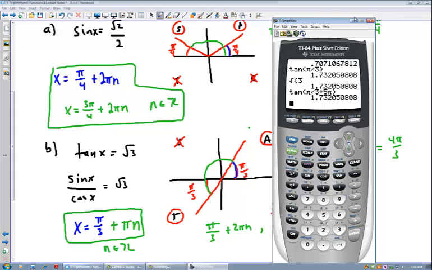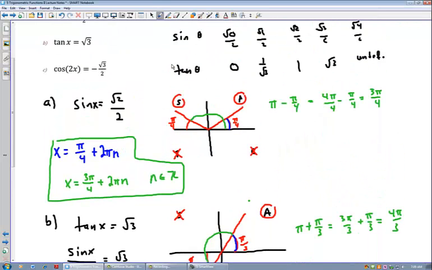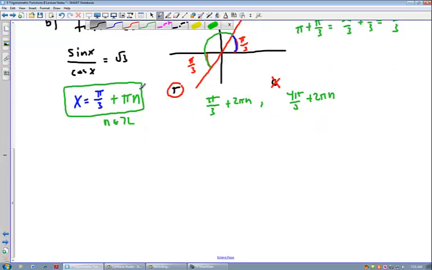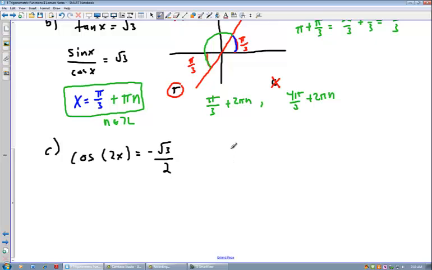Okay, one last one here to just kind of hit it home. I want to do part C, which is the cosine of 2x is equal to negative root 3 over 2. So I'm going to start with my picture. All students take calculus.